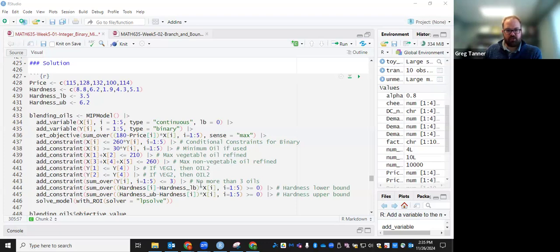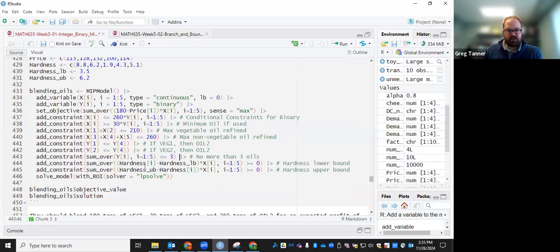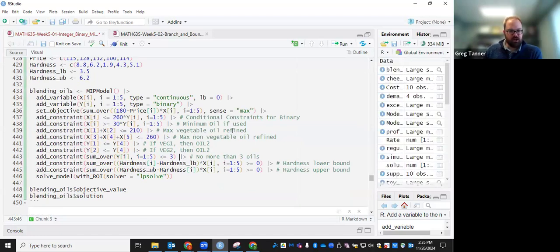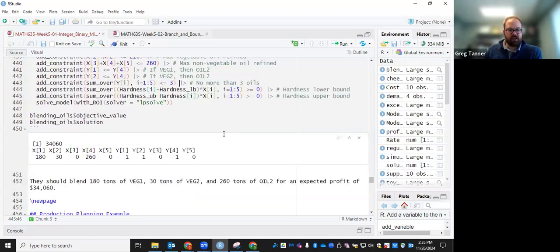This is the no more than 3 oils used, being the sum of the yi's is less than or equal to 3. And then lastly, these are our blending constraints. The lower bound and the upper bound on hardness are coded up there. So let's go ahead and run this code chunk and see what the output gives us.